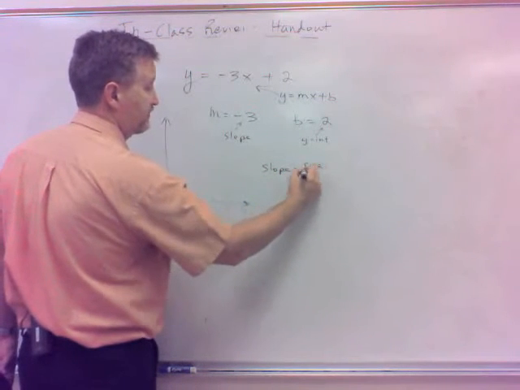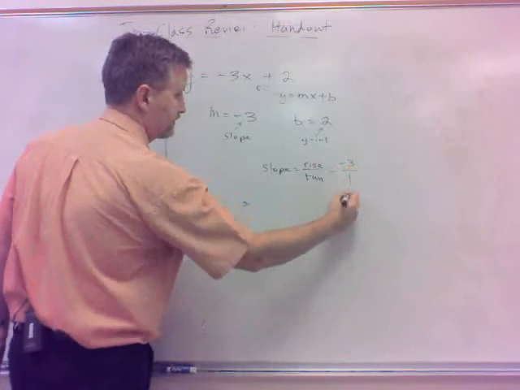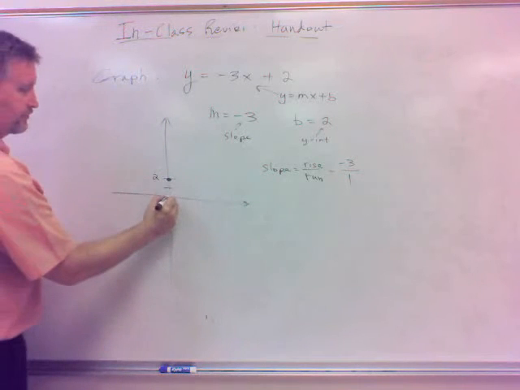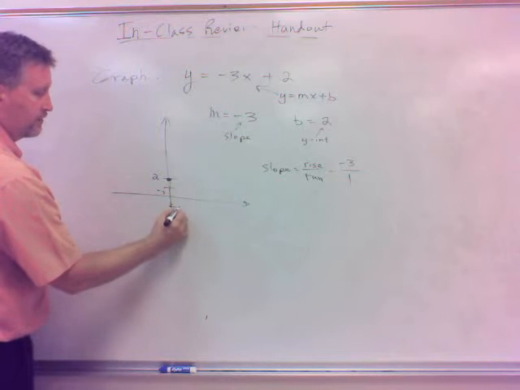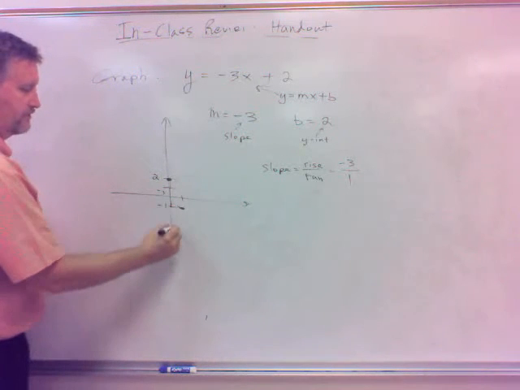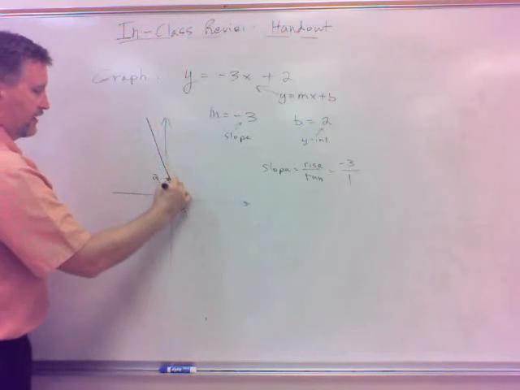And if it's negative 3, that's the same as negative 3 over 1, isn't it? So I've got a negative 3 rise, run 1, so that means down 3, and then over 1. Puts me right there at 1, negative 1. That's another point, so I can graph this thing.